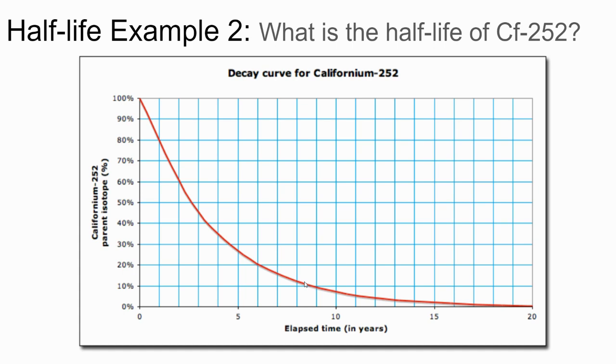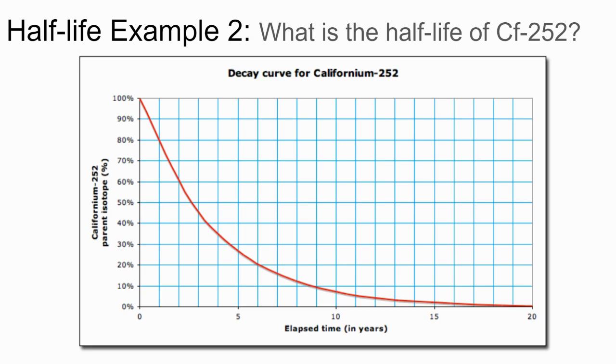Good, yeah. If you start at 100, half of 100, it's about 2.5 years. Does that make sense? So the half-life for this isotope, californium-252, we look at where there's half, and it's about 2.5.